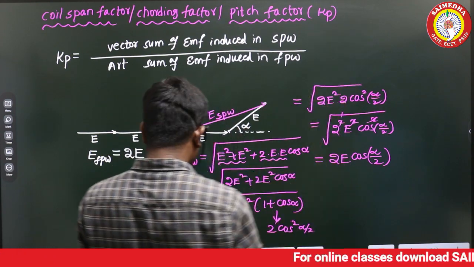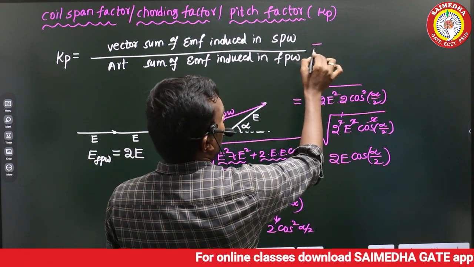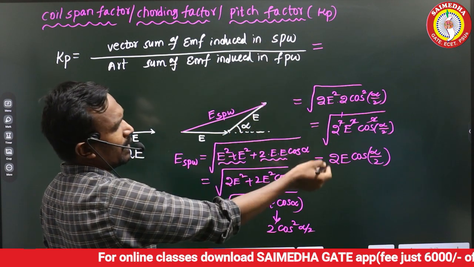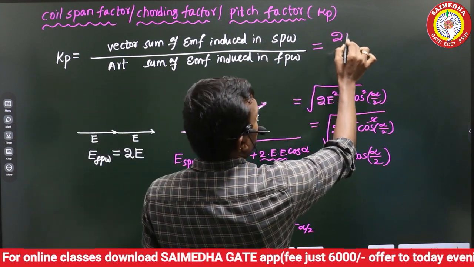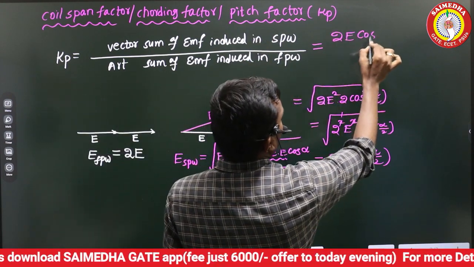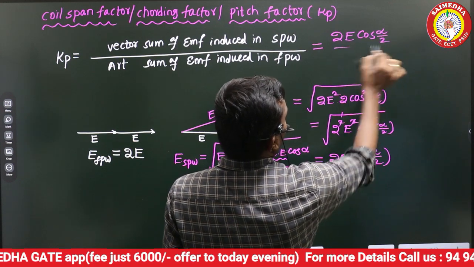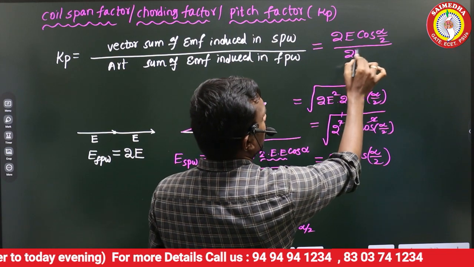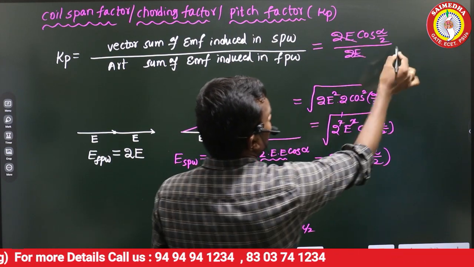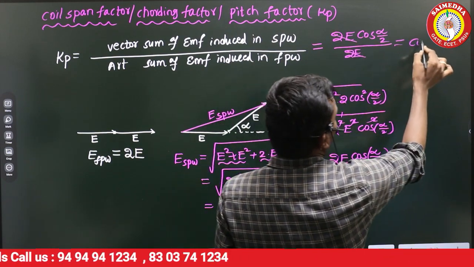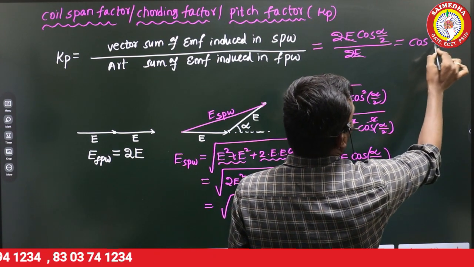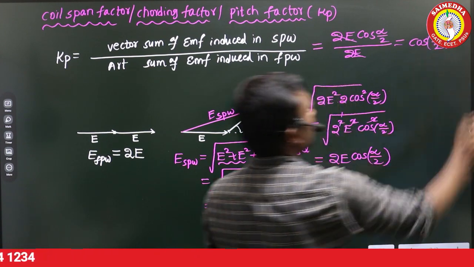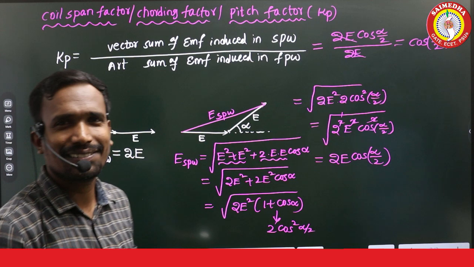Kp is equal to the vector sum of EMF induced, that is 2E cos alpha by 2, upon the EMF induced in the full pitch winding, which is equal to 2E. This 2E gets cancelled. Simply, the pitch factor is equal to cos alpha by 2. This is our pitch factor.